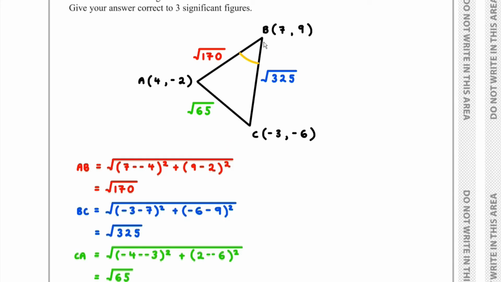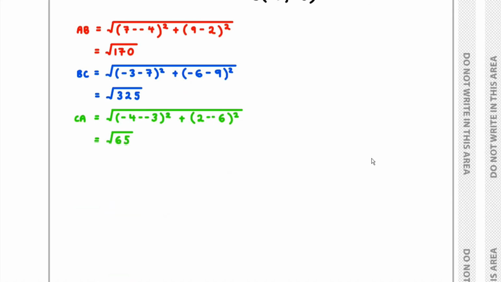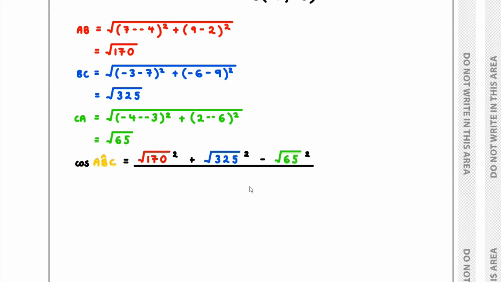Now, for us to find out what the angle ABC is, we can use the cosine rule because we have 3 lengths. Hence, the cosine of ABC is equal to the square root of 170 squared plus the square root of 325 squared subtract the square root of 65 squared, over 2 multiplied by the square root of 170 multiplied by the square root of 325.